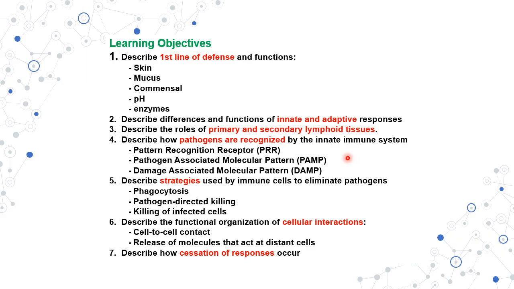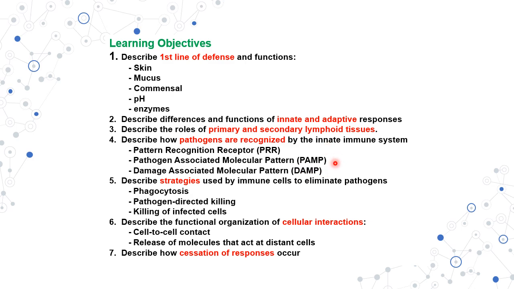Some receptors are going to recognize patterns on the surface of pathogens. Some of them are going to recognize damaged molecules. The ones that recognize pathogens are called pathogen-associated molecular patterns, or PAMPs. The ones that recognize damaged stuff are damage-associated molecular patterns, right?